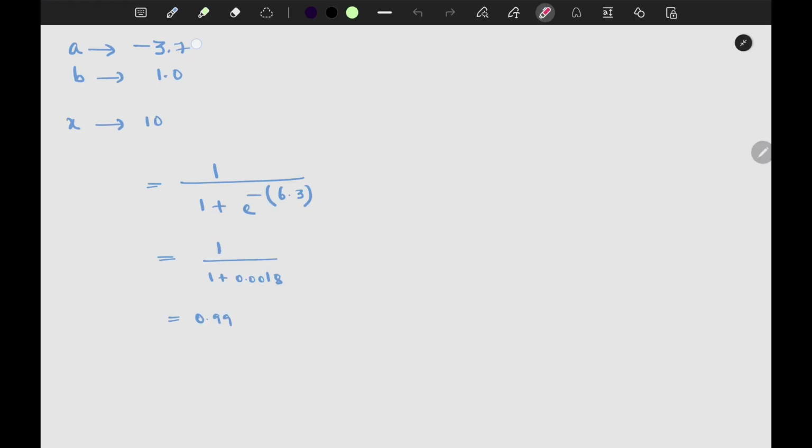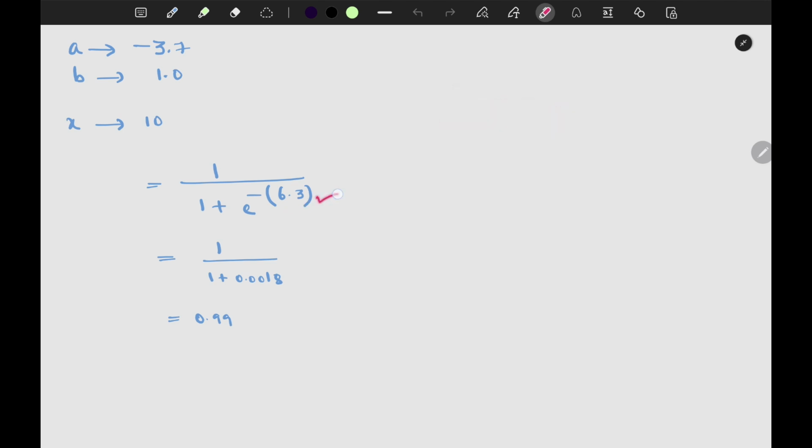I have noted down the values of a equals minus 3.7 and b equals 1. I want to calculate what the result could be if the person is studying for 10 hours. What is the probability of passing or failing? You know the equation of the sigmoid function is 1 by 1 plus e power of minus a plus bx. I represented a as minus 3.7 and b as 1.0 into 10, which is 10 minus 3.7.